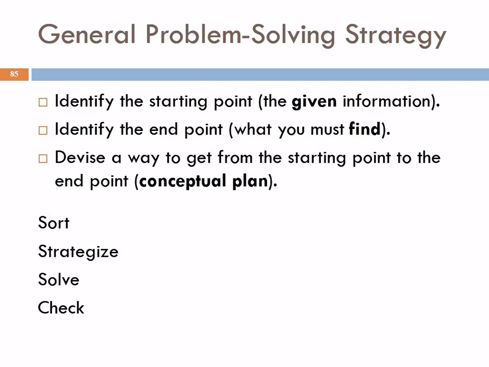Another organizing idea is sort, strategize, solve, and then check your work. Does your answer make sense? If you're doing a big old calculation and you come up with an answer that's 0.02 atoms, can you have 2/100ths of an atom?